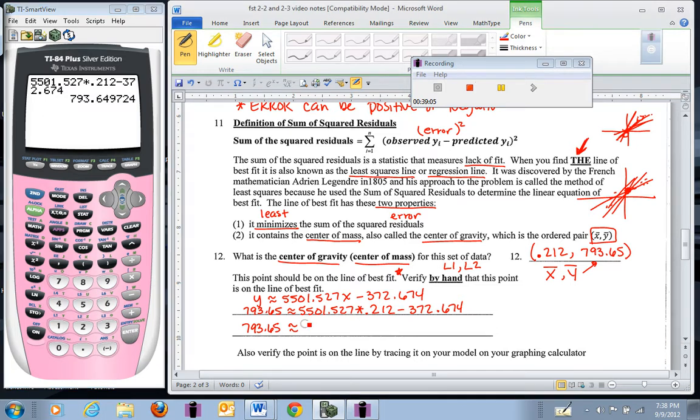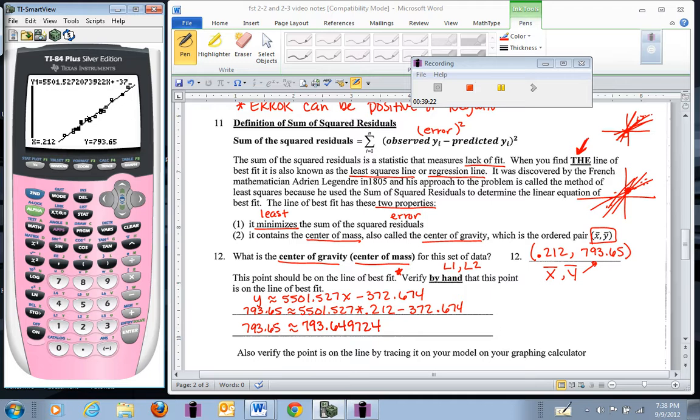And we do get that, because we get 793.649724. So you're just verifying by hand that that truly is the center of gravity or the center of mass. It says also verify this by tracing it on our model, and I showed you how to do that. We go to our graph, go to trace, use the down arrow to get on the line, type in 0.212, and sure enough, that point is on the line of best fit.